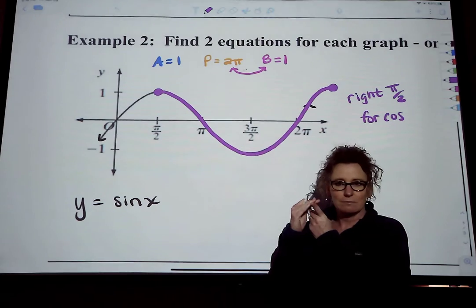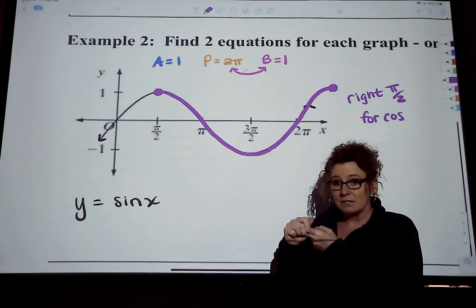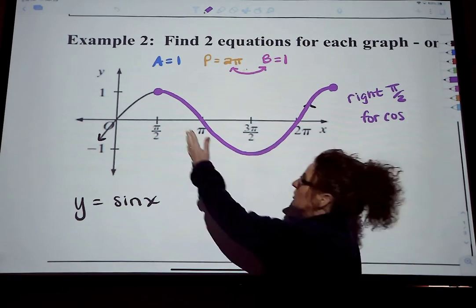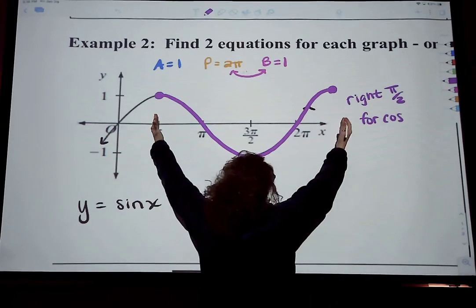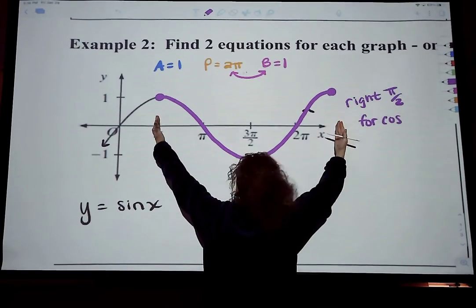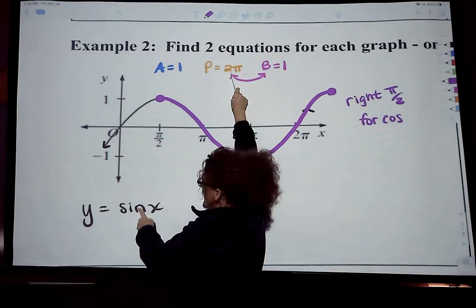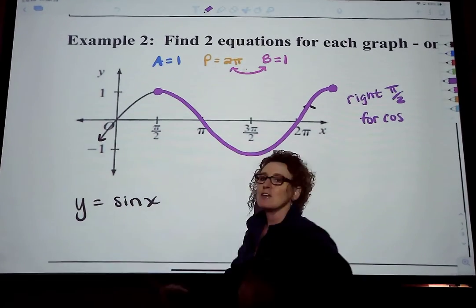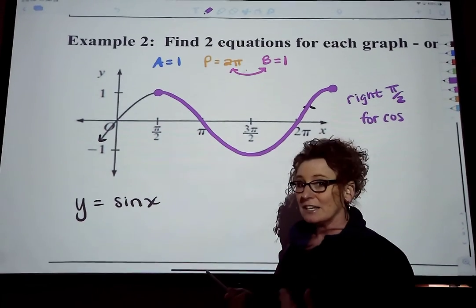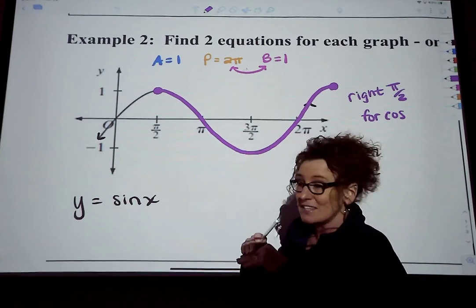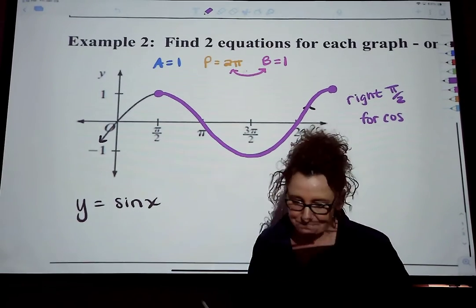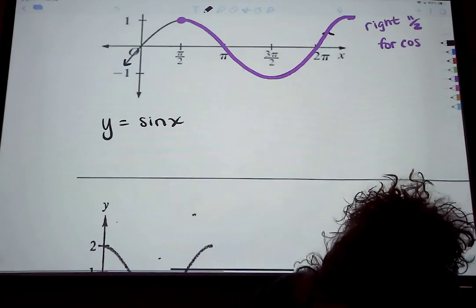Amplitude is still 1. The period is still 2 pi. So from here to where it ends, like extending it, it's still 2 pi. So same as here, same as here. The only difference in the two graphs is a horizontal shift. That's the only difference. So let's write our equation.